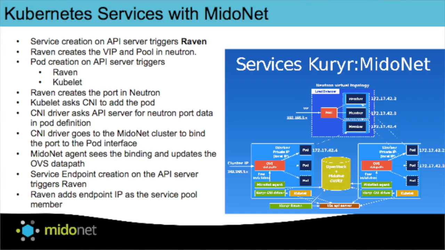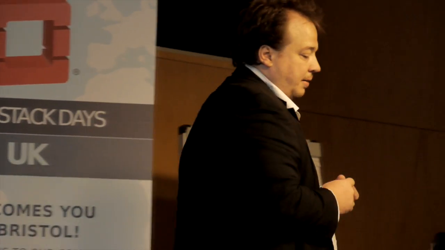So this is a technical slide that explains how the different components, this is an example with the MidoNet agent installed. So MidoNet agent is using the OVS data path to run the data plane on the compute nodes.